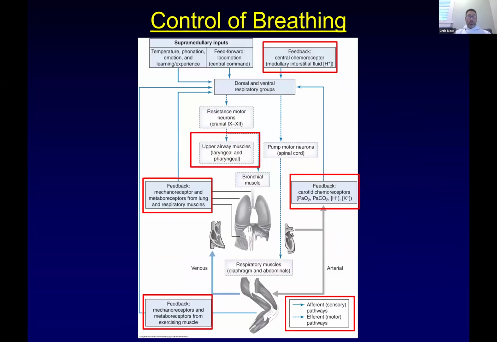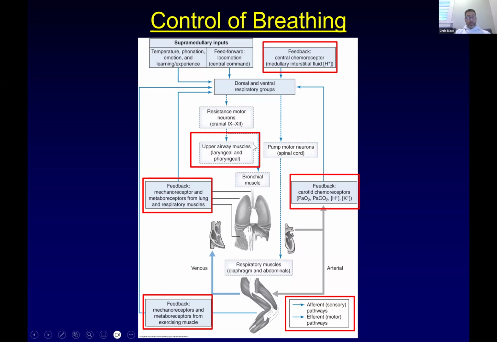Okay. So again, this is that same kind of stuff, but it's showing the areas where there's going to be feedback. Here is showing a central chemoreceptor. So chemoreceptors in the medulla are looking at interstitial fluid, looking at hydrogen ion levels. It also helps us monitor O2 and CO2 levels.